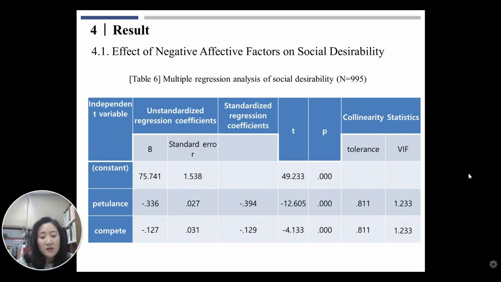Next, as a result of checking the significance of each pathway, the effect of irritability and competition on social desirability was confirmed, excluding avoidance, depression, and anxiety factors among the subfactors of negative emotion.